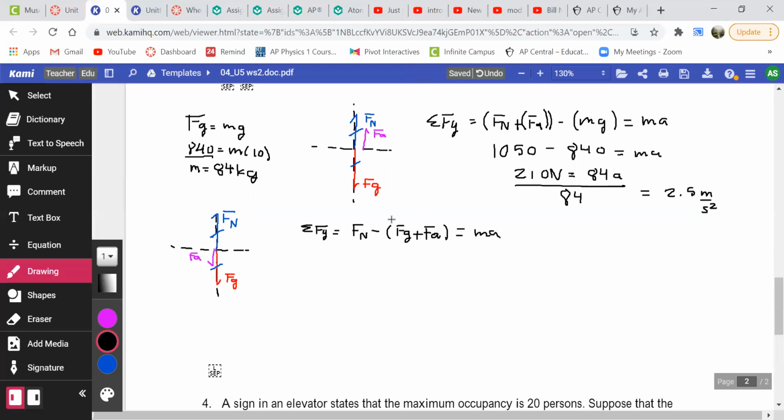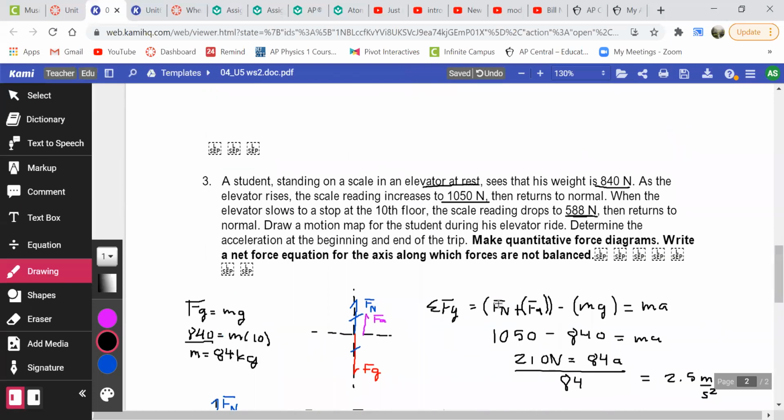Well, this value here is 840. It was always 840. It was 840 in the first part of the problem, and we added the 210 to get 1050.